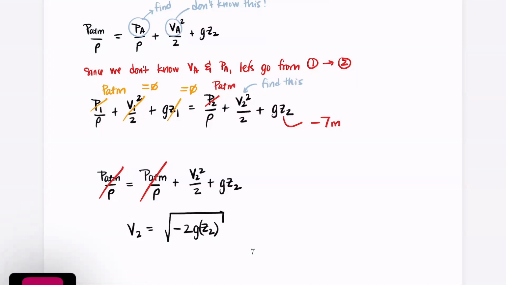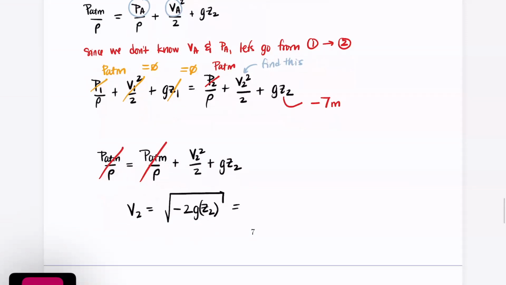You might be panicking, saying, I have the square root of a negative number, but luckily for us, Z is negative. So this is the square root of 2 times 9.81 meters per second squared times 7 meters, which is 11.7 meters per second. So this is part of the problem that we've solved.